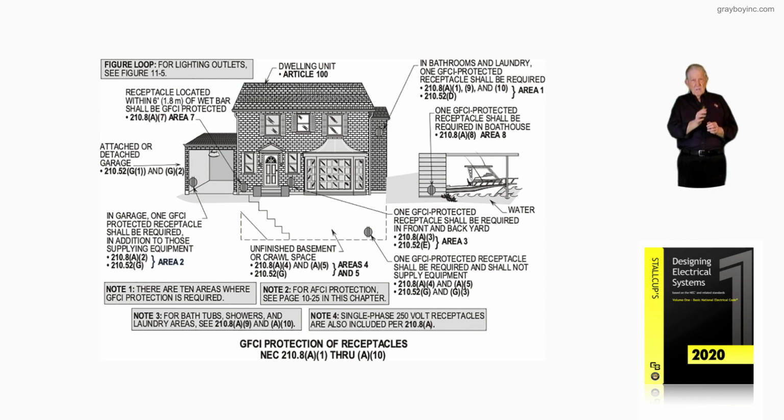We can let it flow more in a systematic order to show you where 210.8(A)(1) through (A)(10) is, as in Apple, where these GFCI protection of receptacles is required. In this figure 10-22, as busy as it is, it shows you everything that you need to know about GFCI protection of receptacles, where they are located in dwelling units in accordance with 210.8(A)(1) through (A)(10).